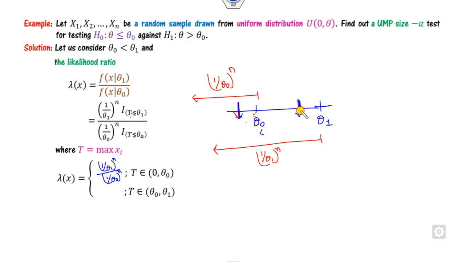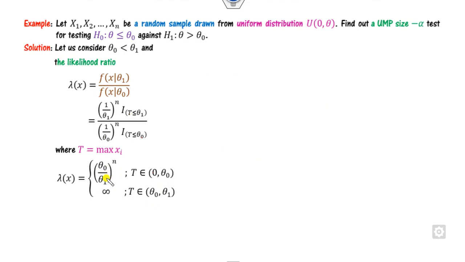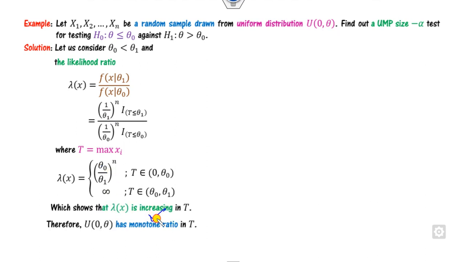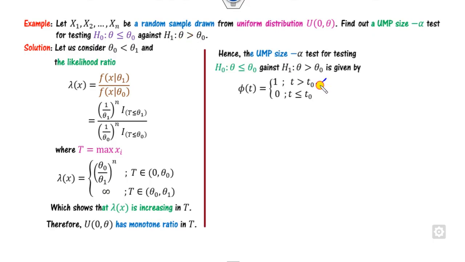Whenever it lies in this case, this value will be 0, because this value is only here, otherwise 0. So that means denominator is 0, so value is my infinity. So we can simplify here. And clearly this value, because it's a uniform distribution, theta is greater than 0, so this number is positive, so that's an increasing monotonic ratio. Once it's increasing, we can define the UMP based on this greater than sign.